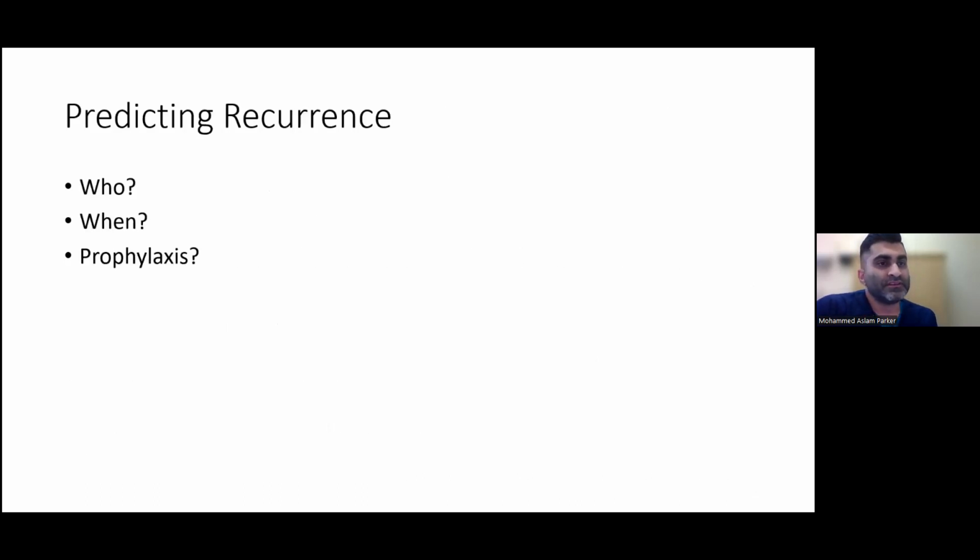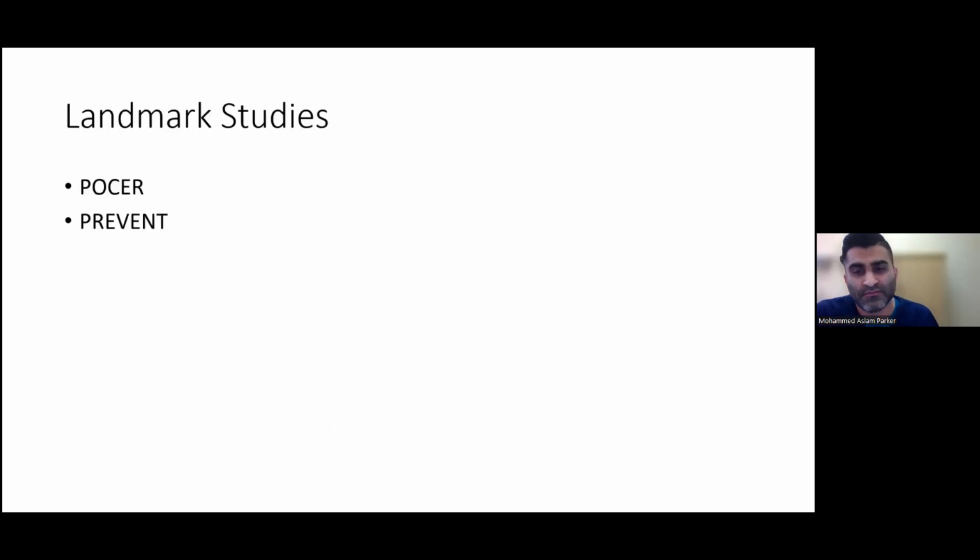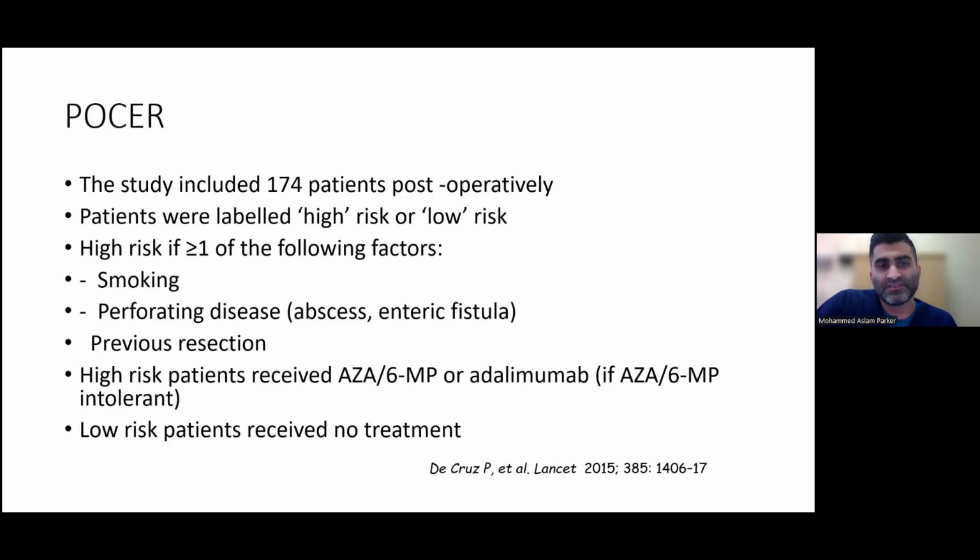So, predicting recurrence: which patient, when to treat them, and which prophylaxis to use for them essentially. So I'll be going through some landmark studies to help answer these questions. The POCUS study was a study which included 174 patients post-operatively. Patients were labeled high risk or low risk.